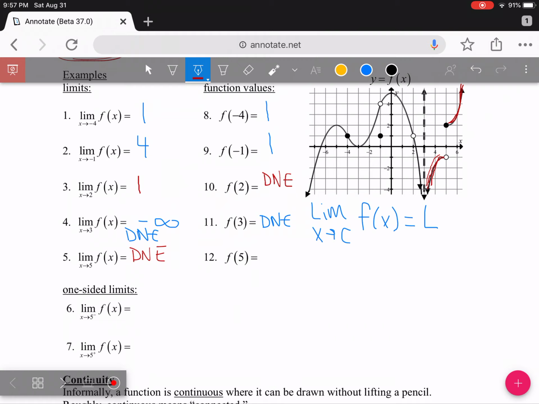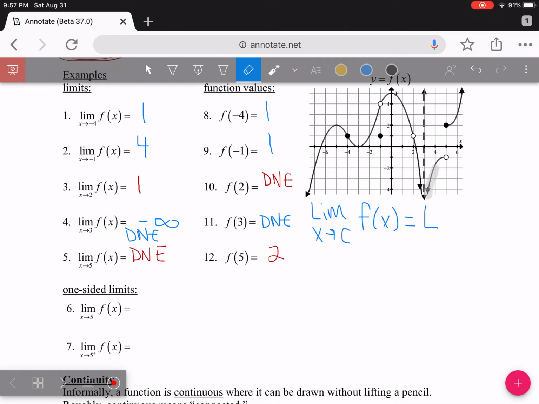And now the question is, what is f of 5? Well, if I'm right here on x equals 5, there's a hole here, so it doesn't exist here, but it does actually exist here at y equals 2, so f of 5 equals 2. When we have something like this, where the function goes one spot and then jumps, it's called a jump discontinuity.